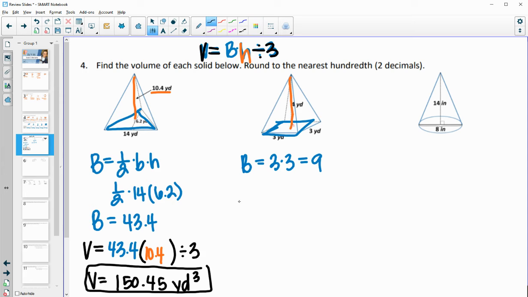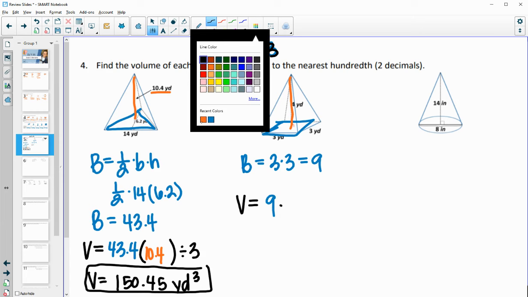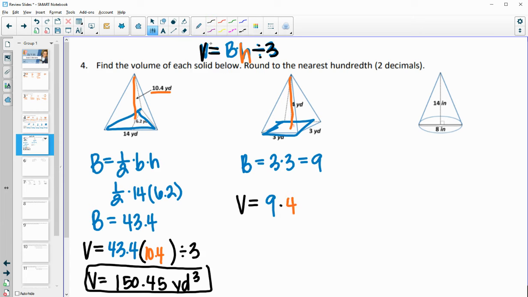So when we go ahead to do the volume, we'll do area of the base, which is 9, times the height, which is 4, and then divided by 3 since it's a pyramid. And so when we do this, 9 times 4 divided by 3, we will end up with 12, and then yards cubed for volume.